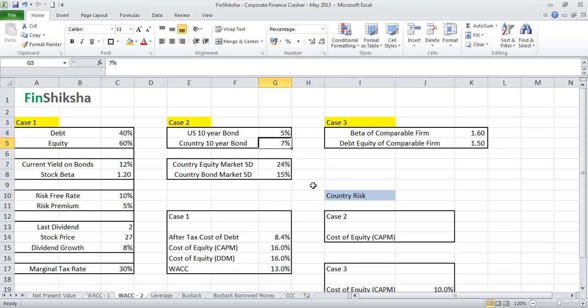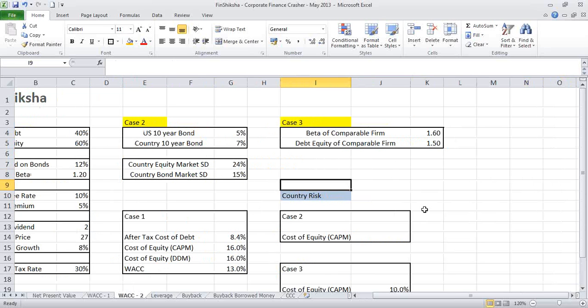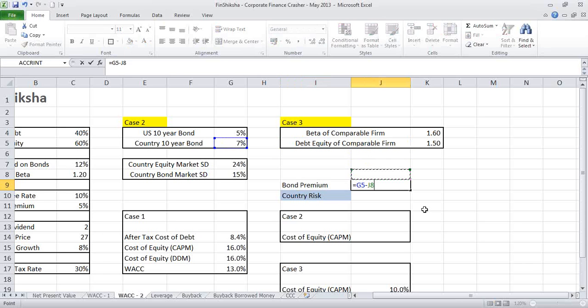Now obviously the country risk premium that you look at is, so we will look at bond premium, which is equal to 7% minus 5%. 2% extra is the risk of investing in the bond of this country versus US.